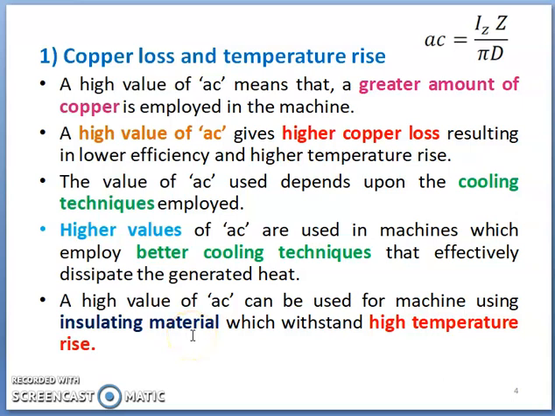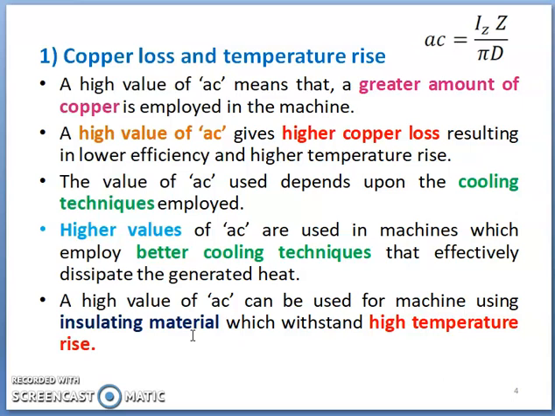The life of the machine depends upon the life of the insulating material. If any insulating material is subjected to temperature beyond its permissible limit, the life of the machine will be reduced due to deterioration in the property of the insulating material, because at higher temperature they lose their insulating property, and that should not happen.